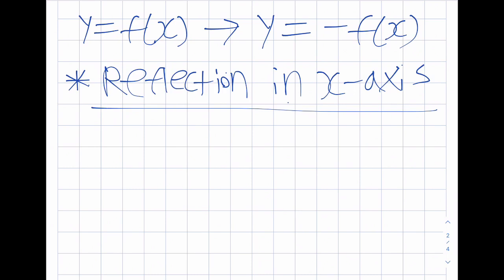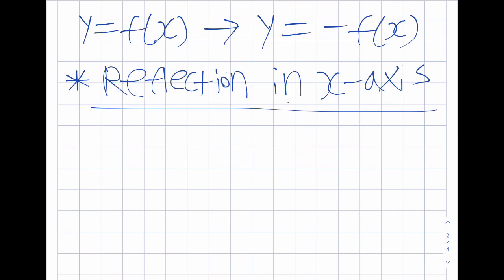So in summary, the graph of y equals negative f of x is a reflection of the graph of y equals f of x in the x-axis. And if we reflect the function in the x-axis, we change all their points' y value into a negative value.